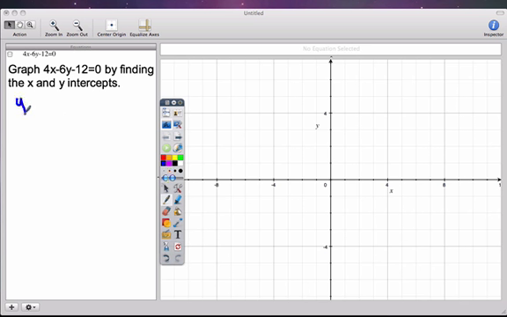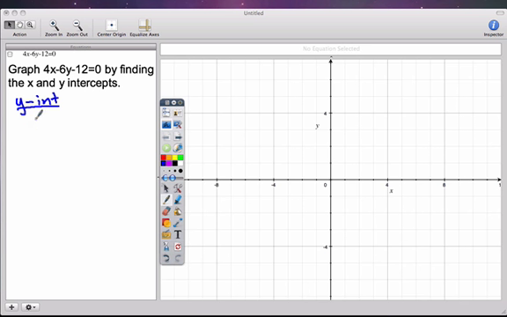Let's start with the y-intercept. Now, since we know that our x value at the y-intercept will always be 0, to find the y value, we can plug in 0 for x and then solve for y.